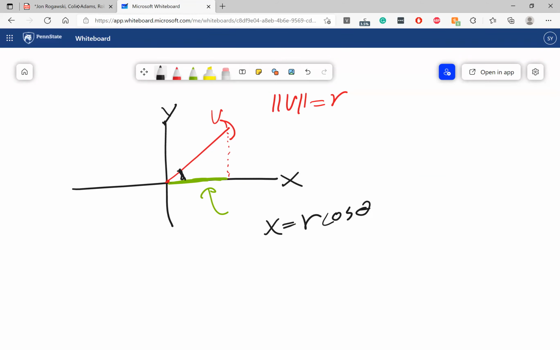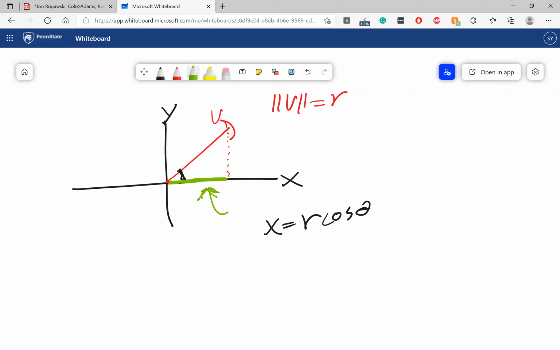Give me this angle, and I will tell you what this length is, the length in your x direction. A very important property of cosine, which we use all the time, is how to project vectors into the x direction. That's in fact why cosine was invented. And sine does the same thing in the y direction.